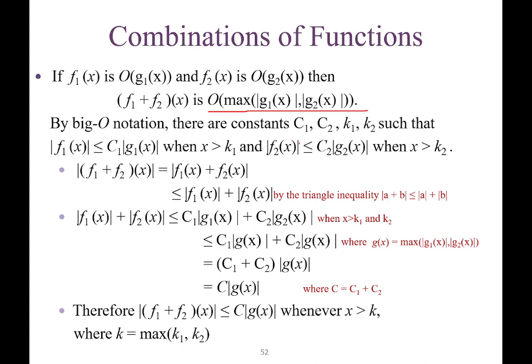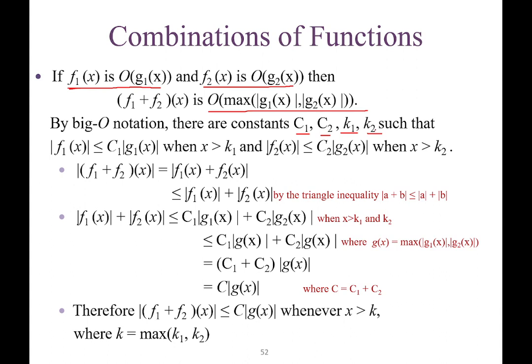By this example, we know f1 is big O of g1, so we can write the witnesses C1 and K1, because this is given, right? And f2 is big O of g2 of x, so we can write its witnesses C2 and K2.